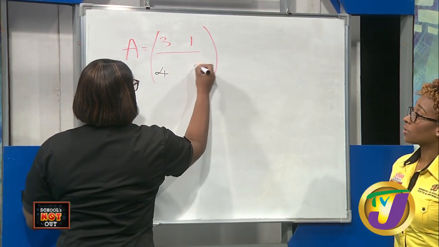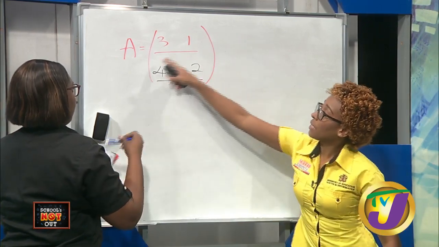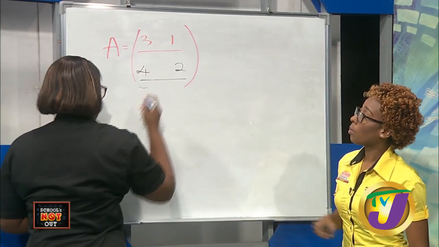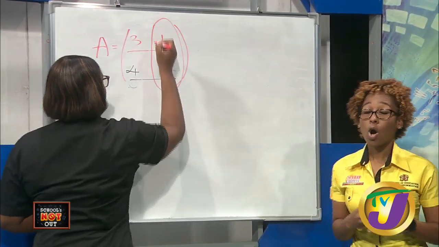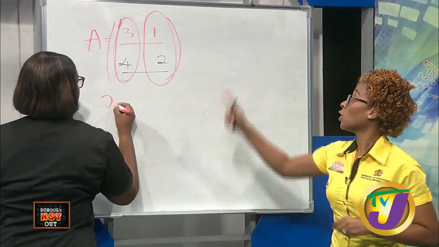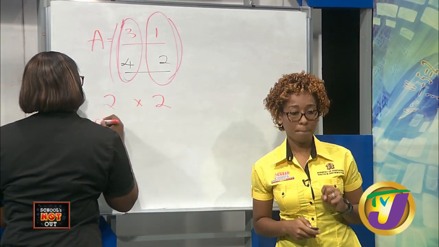Then 3 and 4 will be one column, and 1 and 2 will be the second column. So in all we have 2 rows and 2 columns. This matrix will be called a 2 by 2 matrix.